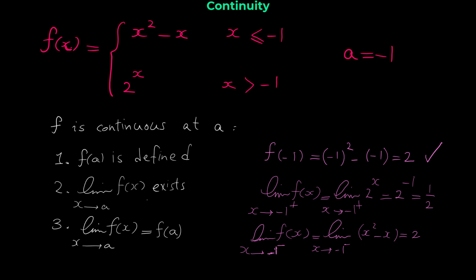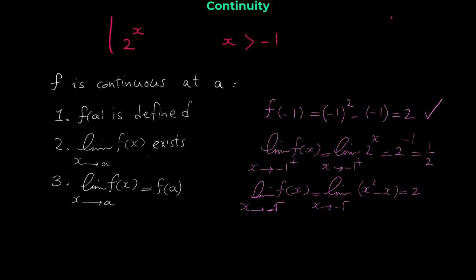The right limit is 1/2. Because the left limit and right limit are not equal to each other, what can we conclude from this? That the limit does not exist at -1. Because we know that a limit in general exists if the left limit and right limit are equal.